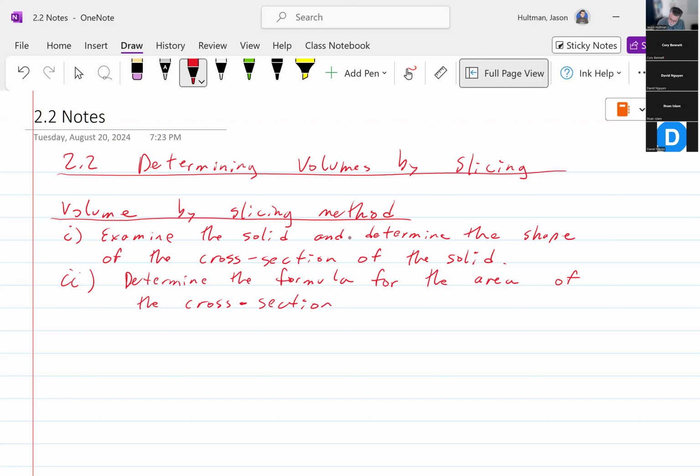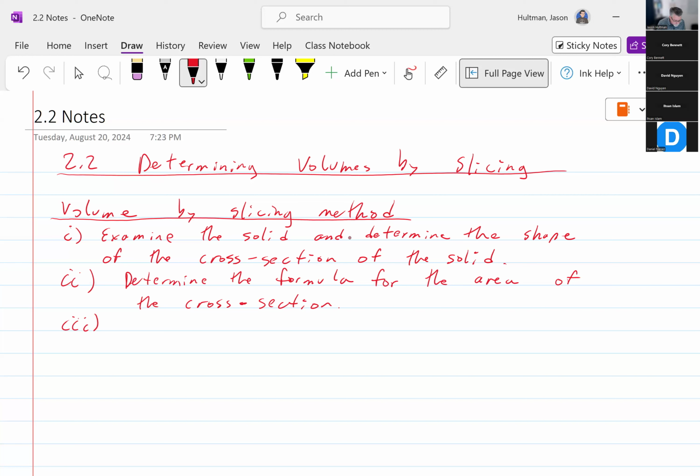So we should know the area of a square, the area of a rectangle, the area of a triangle, the area of a circle. Those are just basic geometric formulas.